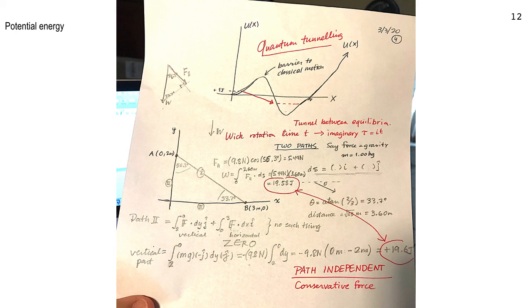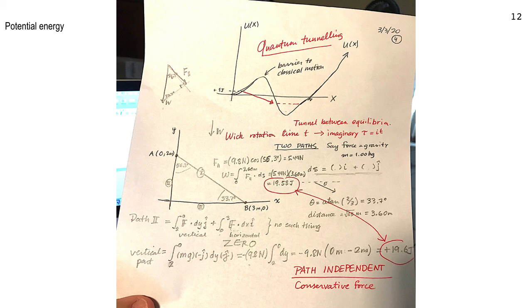So F parallel on this path is 9.8 newtons times the cosine of 56.3 degrees. I don't know what that is. Cosine 56.3.